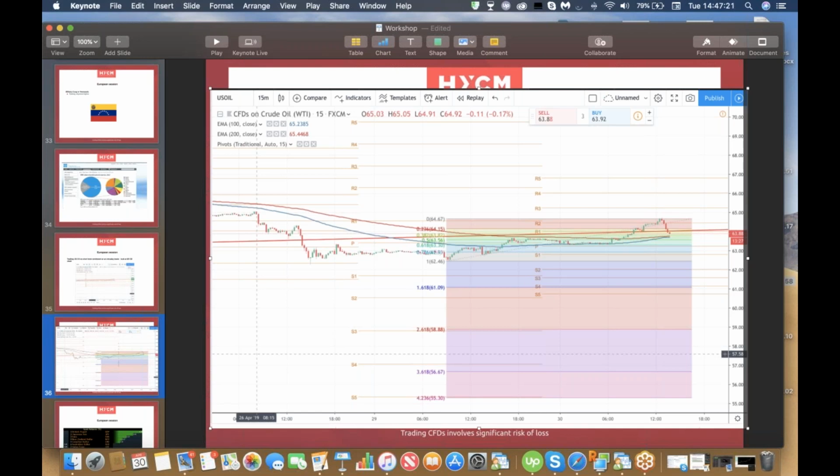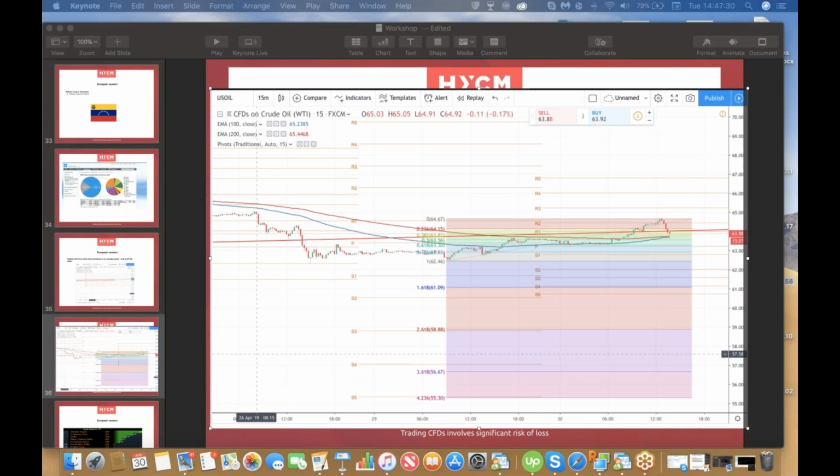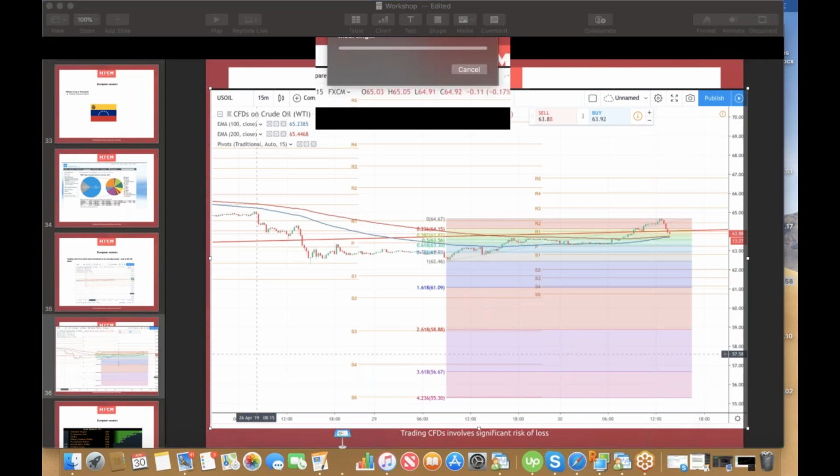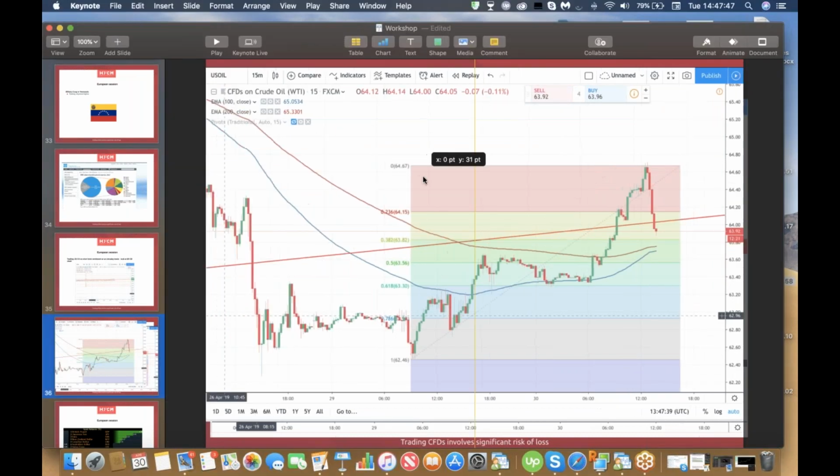Have a look. Here's one without the pivot points on, slightly easier to see. Where would be a potential long on this chart?